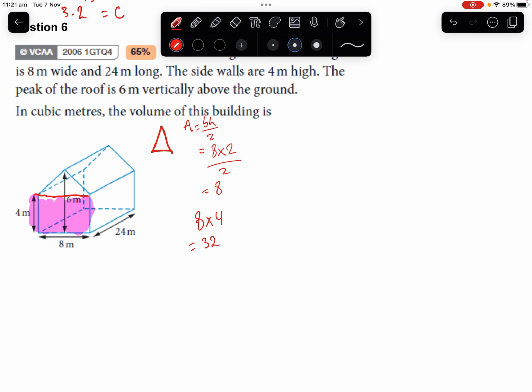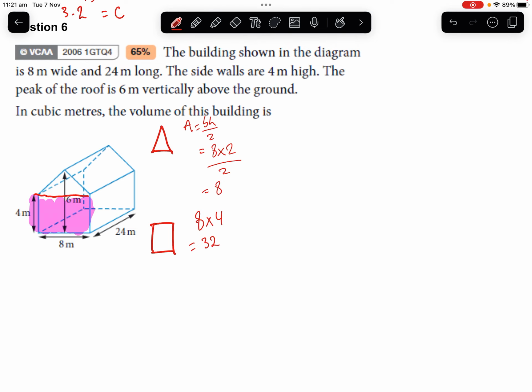Triangle and square, so let's add 32 and 8 together to give us 40. 40 is the area of the total front shape of this house.